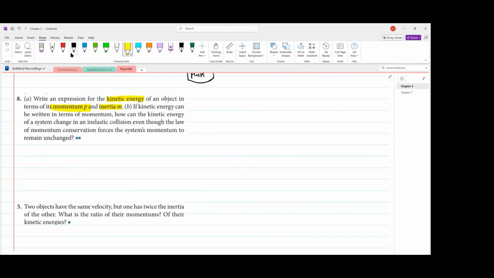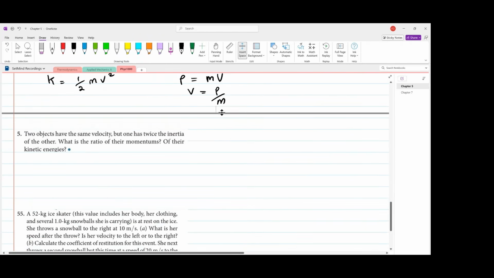We know fundamentally from the theory that kinetic energy is 1/2 mv squared, but now they want it in terms of momentum and inertia. We already have inertia here. We want momentum to be inside here somewhere, which means we have to get rid of this velocity. And we know that momentum is equal to mass times velocity, so velocity is momentum divided by mass.